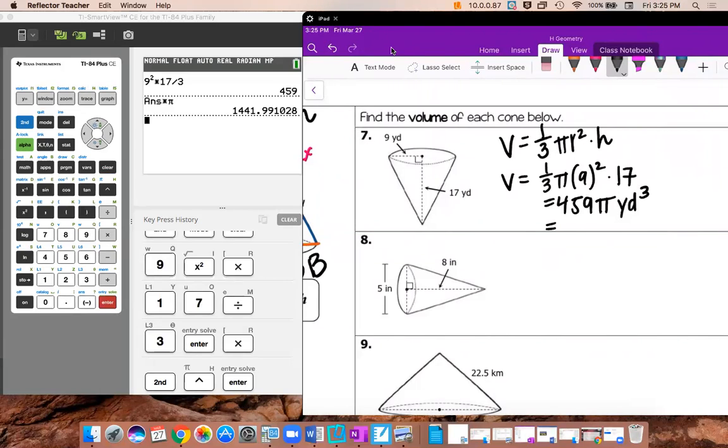Sorry, I'm questioning my answer here, but yes, 1,441.99 yards cubed. So that's going to be our total volume. Remember it's yards cubed because we're working with volume.